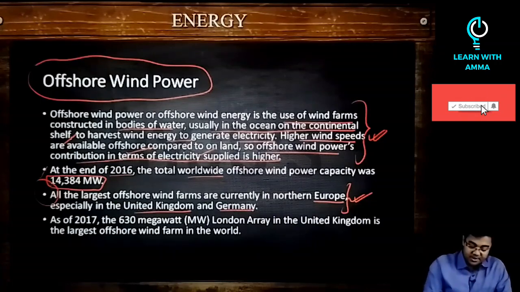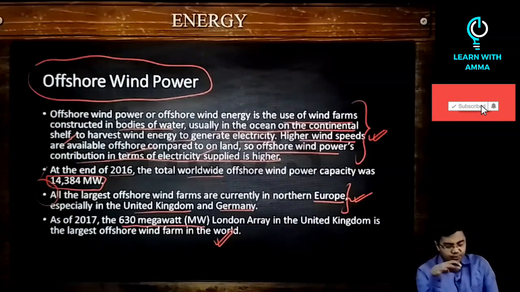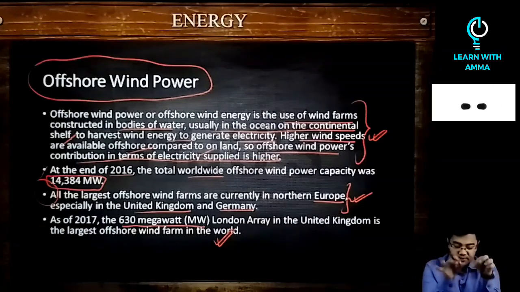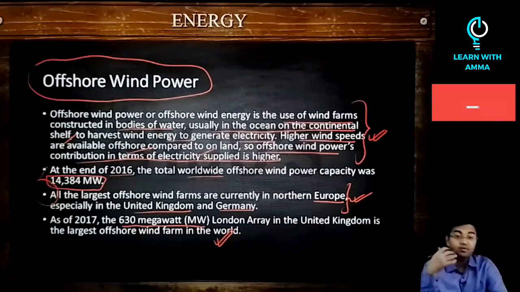And as of 2017, the 630 megawatt London Array in the United Kingdom is the largest offshore wind farm in the world. So that is a few of the data related to offshore wind. The most important thing to know with respect to offshore wind is the definition of offshore wind. What do we mean by offshore wind?